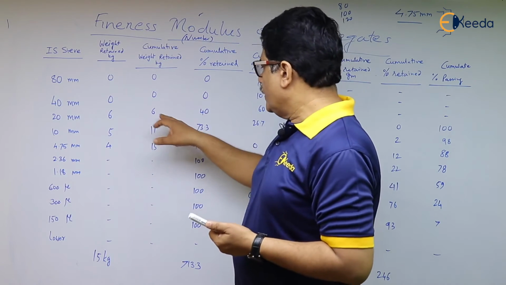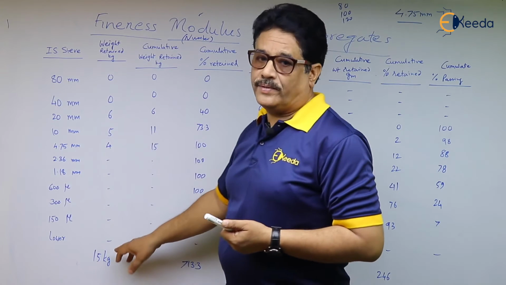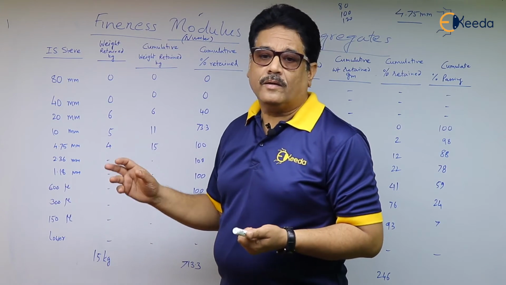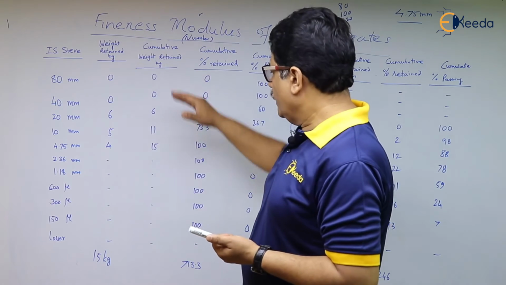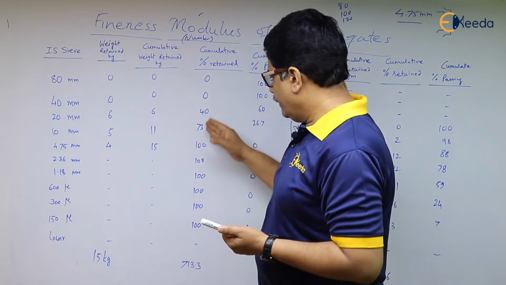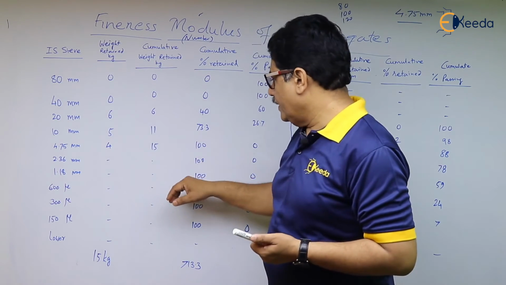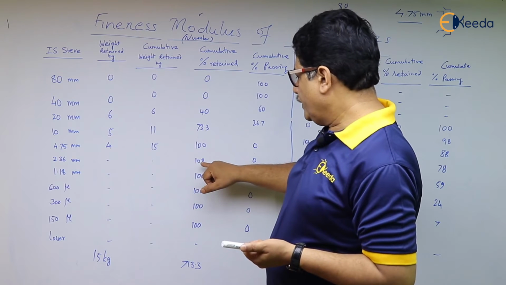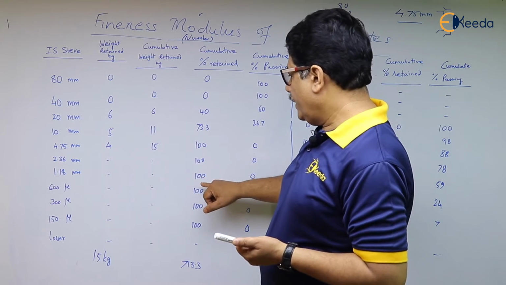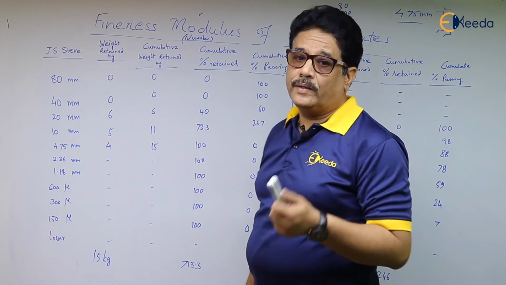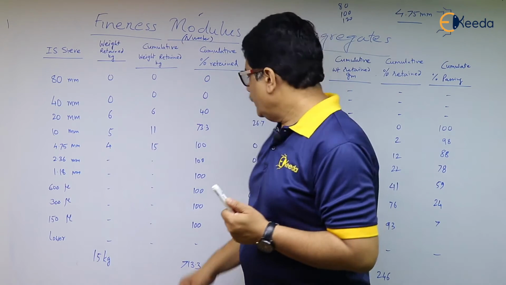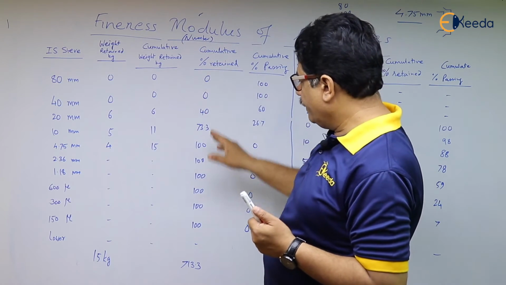How has that come? 6 out of 15. Then how many out of 100? That is 40. So like that we have got all here, and from here onwards, at 2.36, then 1.18, all these values you will have 100, because here we are entering cumulative.